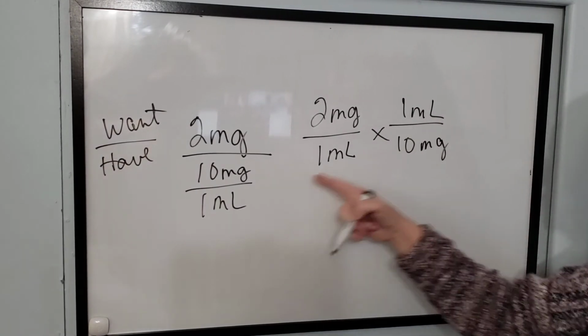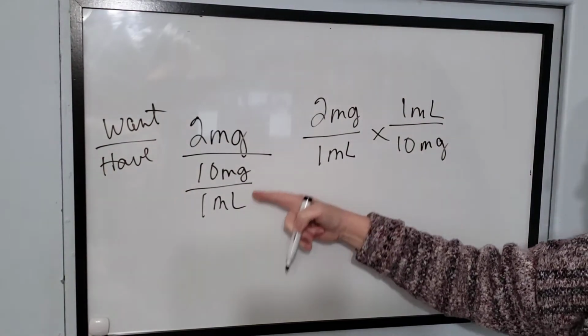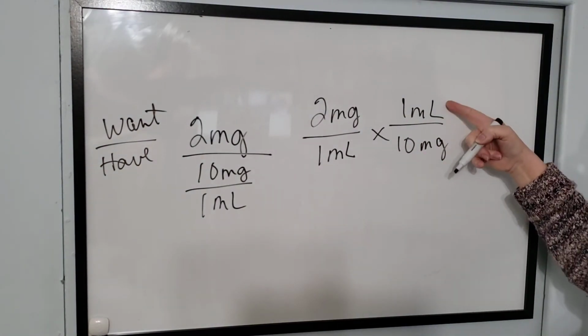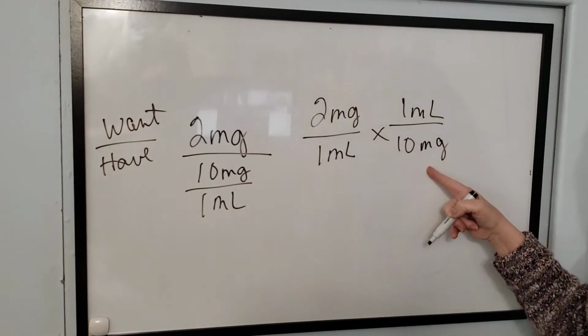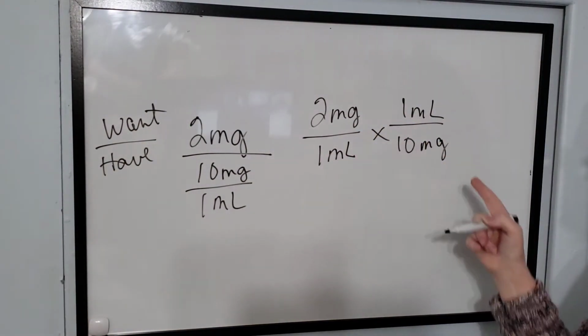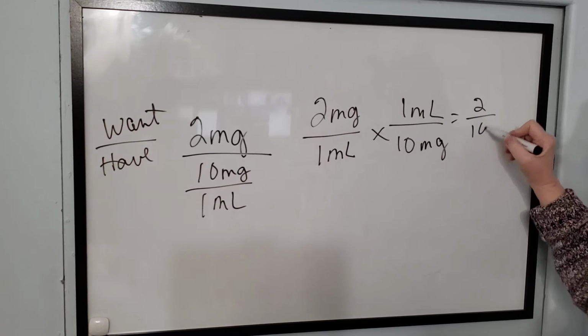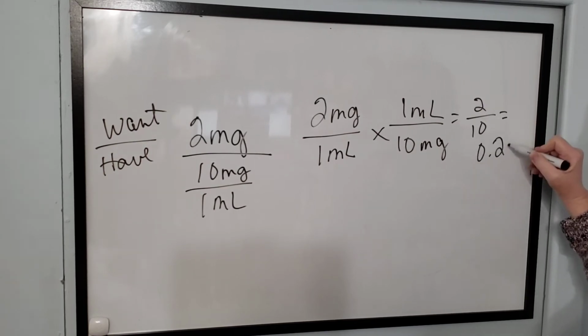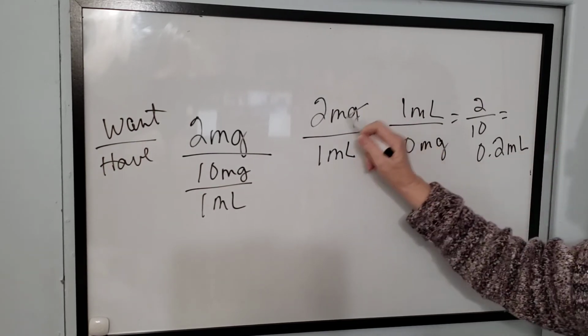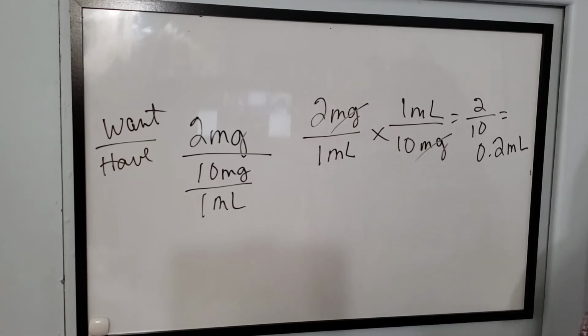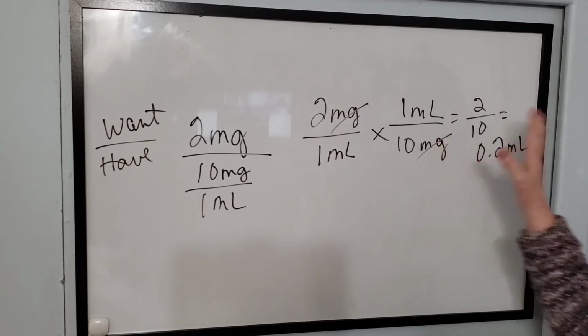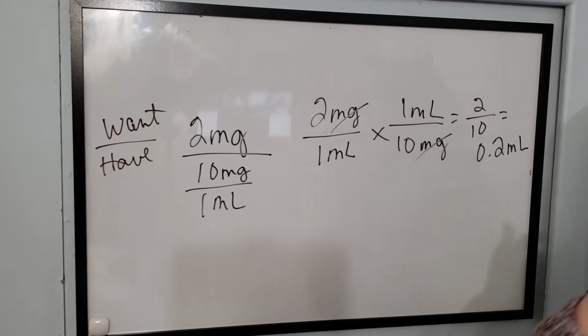So instead of 10 milligrams in 1 ml, we have 1 ml contains 10 milligrams. And right here, there's our dimensional analysis. So we end up with the same thing, 2 over 10, which is 0.2 milliliters, because the milligrams cancel here. So no matter how you do it, you're still going to get the same answer.